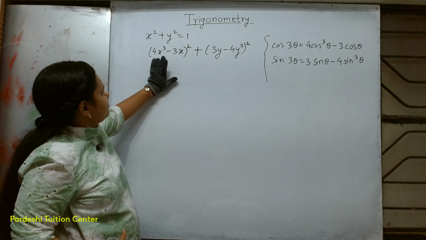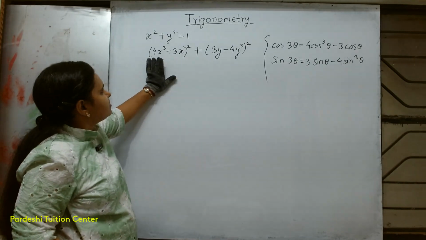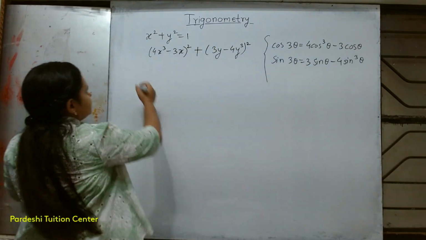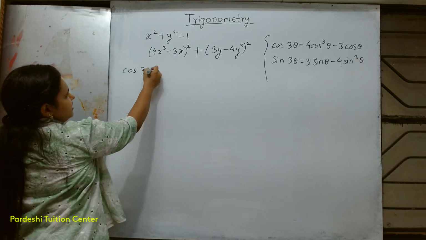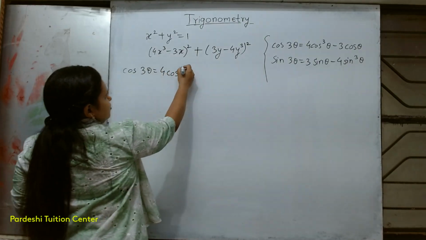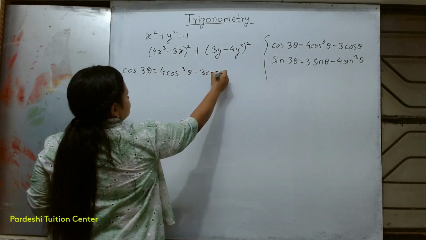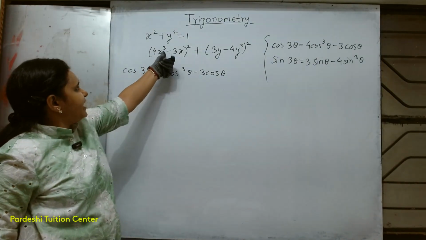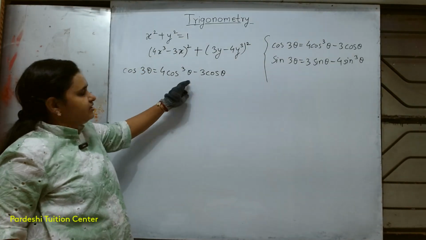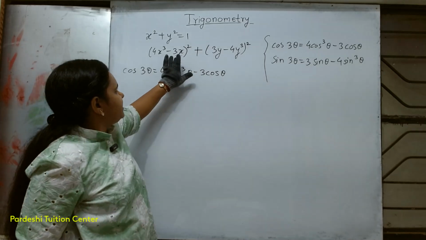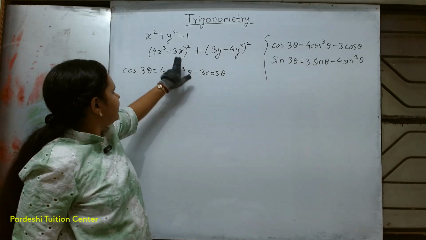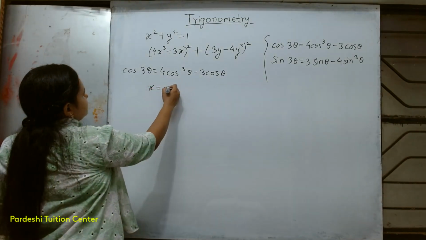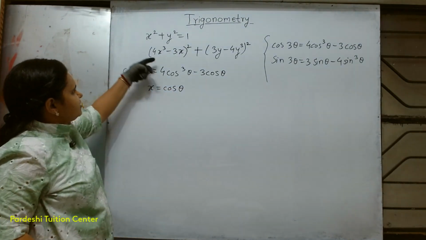So this is in the form, it is x cube. So we can compare cos 3 theta. See, cos 3 theta is 4 cos cube theta minus 3 cos theta. If we compare this one and this one, it is 4x cube, it is 4 cos cube theta, minus, here it is minus 3x and here it is cos theta. So we can write x equals to cos theta by comparing these two.